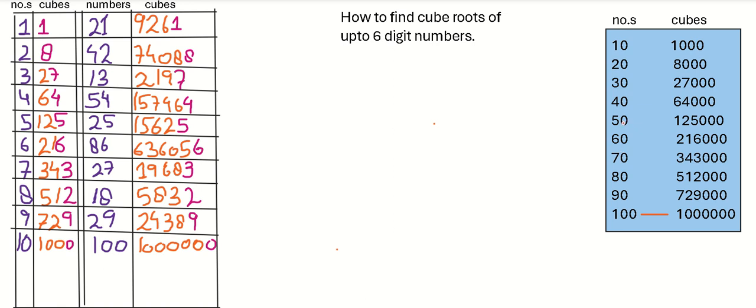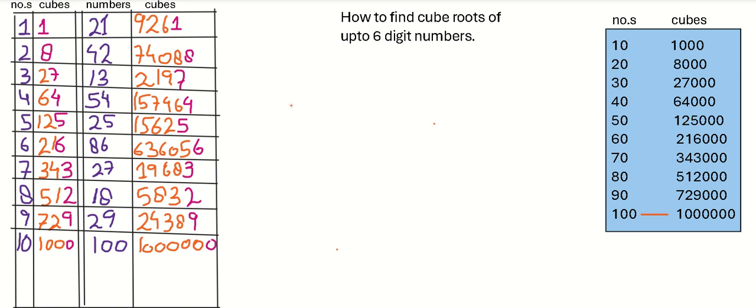Now, let's look at this table right over here. I've taken some numbers like 10, and the cube of 10 is 1000, the cube of 50 is 125,000. But how can this table help us?